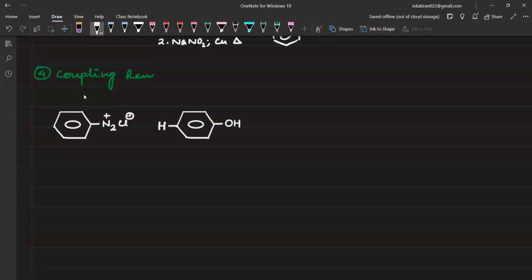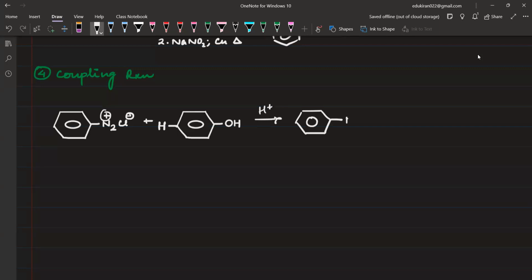Now, this para hydrogen is reacting with the Cl negative. What happens between the two? There is a bond formation. And when the bond forms, you get a product which looks like this. When you use phenol, it is done in acidic condition, H plus. You have the benzene ring as it is from the diazonium salt.